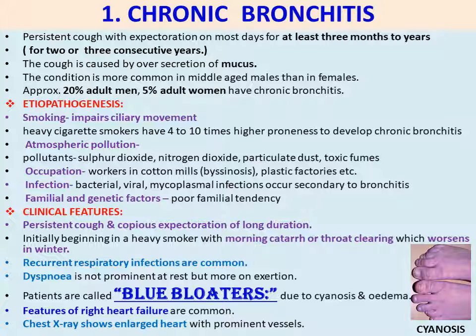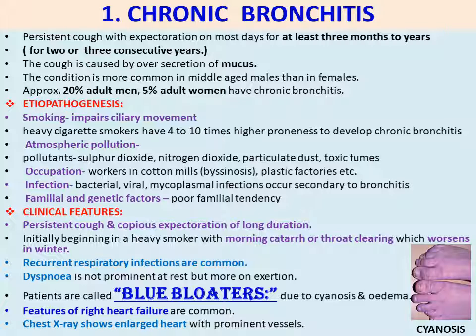The pollutants are sulfur dioxide, nitrogen dioxide, particulate dust, and toxic fumes. Third parameter is occupation, where the people are working: workers in cotton mills, where the disease is known as byssinosis, and plastic factories. So these people will get chronic bronchitis easily.